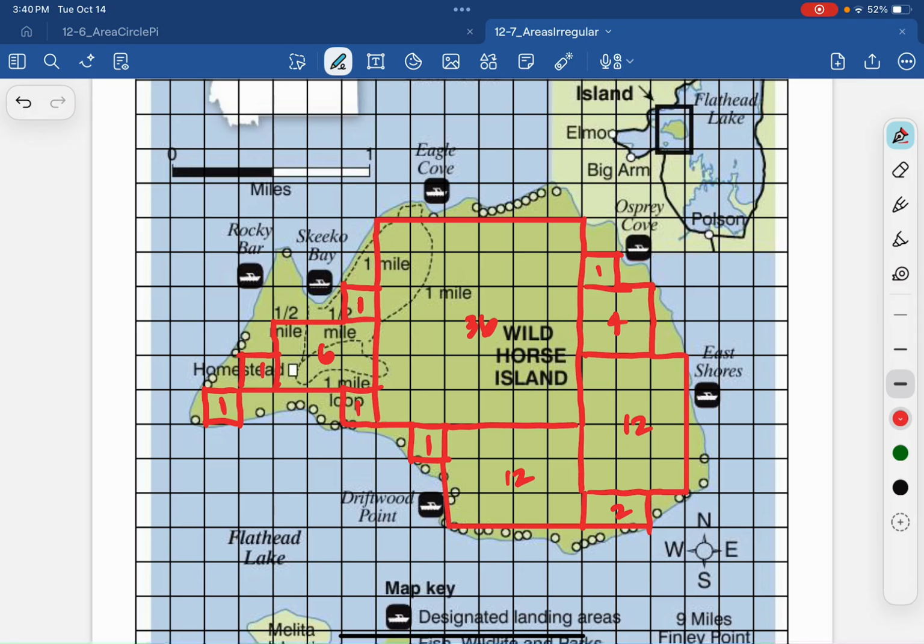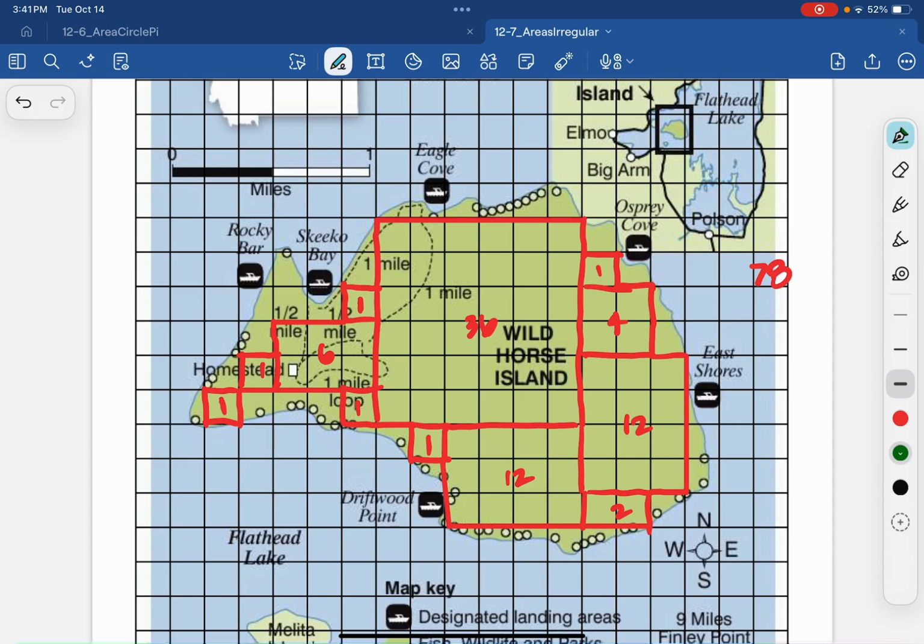So 78 red squares, I guess. I'm going to count them again just to make sure I got it right. 36 and 12 is 48, plus 12 is 60, plus 6 and 4 is 70, plus the 2 is 72, and then there is 1, 2, 3, 4, 5, 6. 6 plus 72 is 78. Okay, so I'm pretty happy with that. Now I'm going to go on and count the edge pieces.